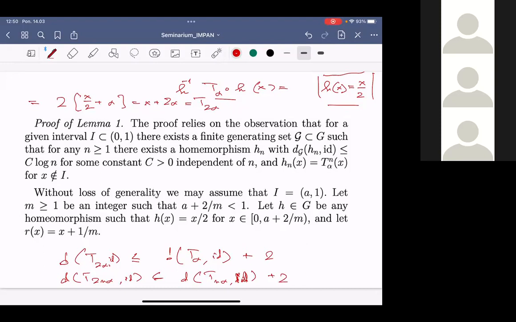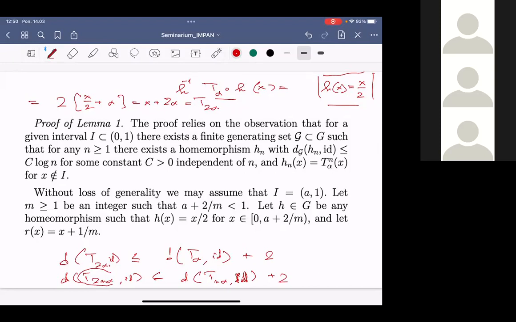So we see that the growth of the length of this word, the rotation with rotation number twice n alpha, will be less than the rotation of T n alpha plus some constant, 2 in this case.